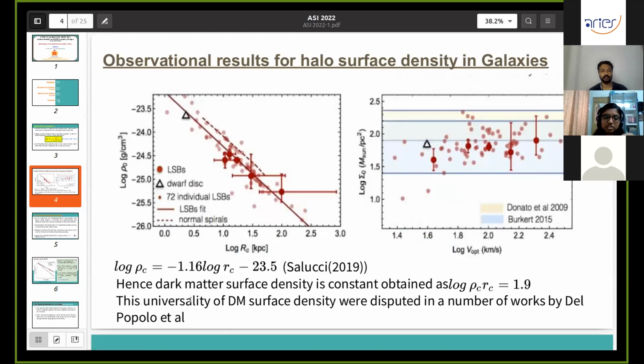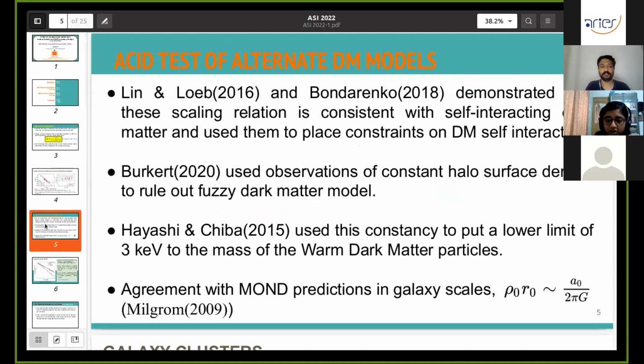But this universality of dark matter surface density was disputed in a number of works by Del Popolo et al. and others. Now, this relation of a constant dark matter halo surface density is very interesting because it can be used as an acid test of alternate dark matter models.